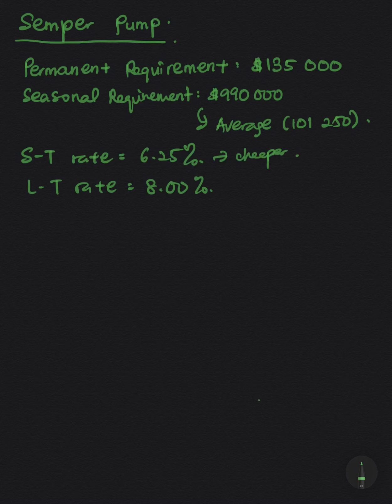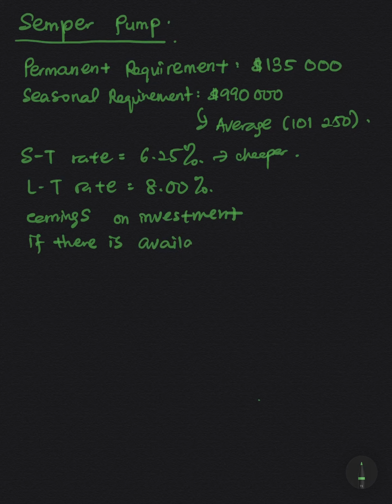Also, if there is an extra on earnings on investment, if there is an available balance, the interest rate will be 5%.